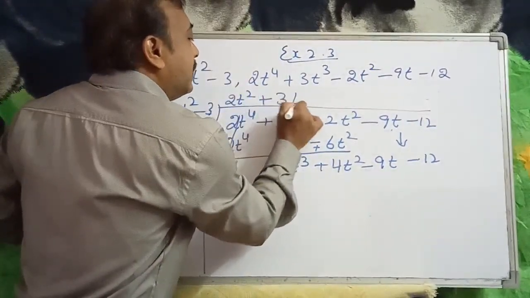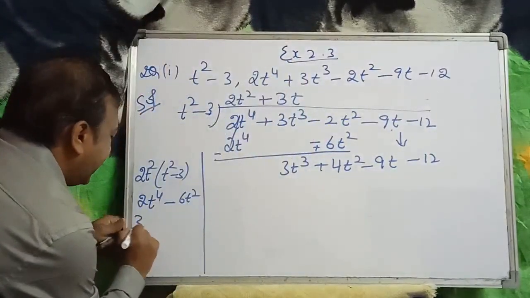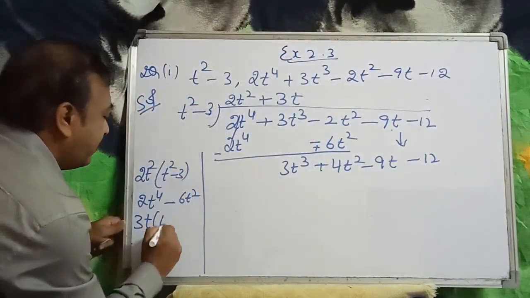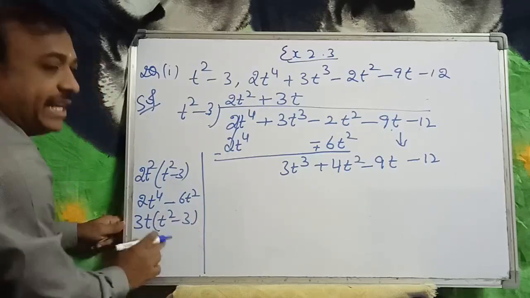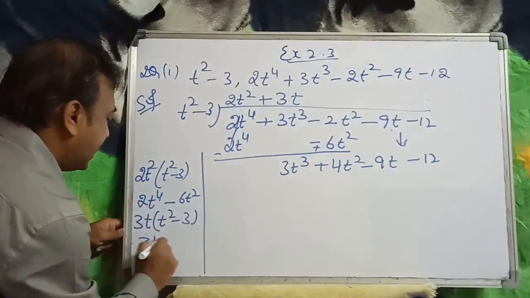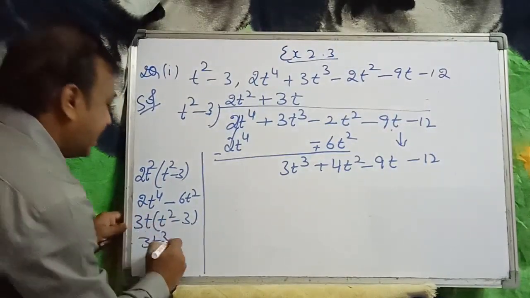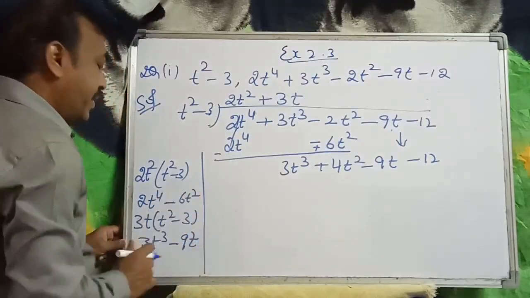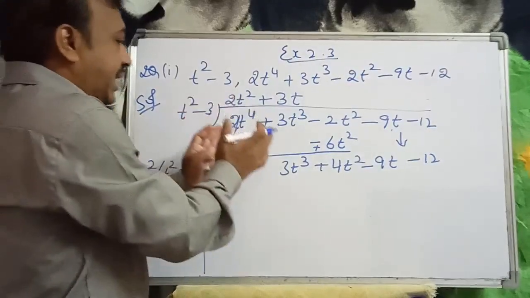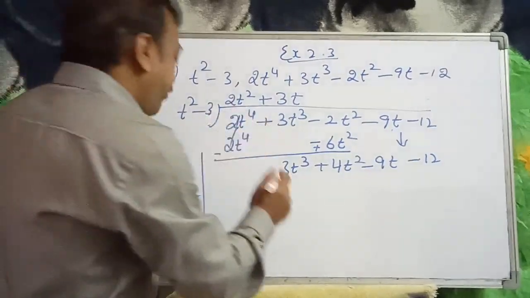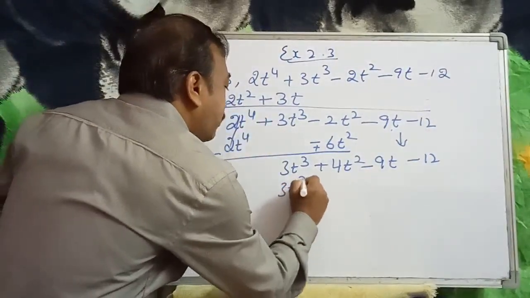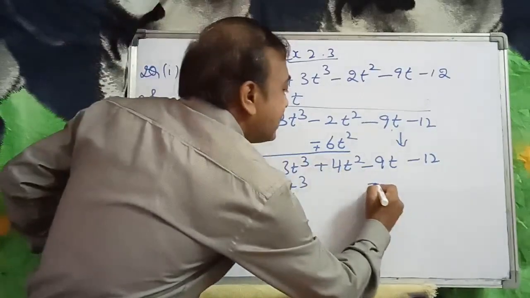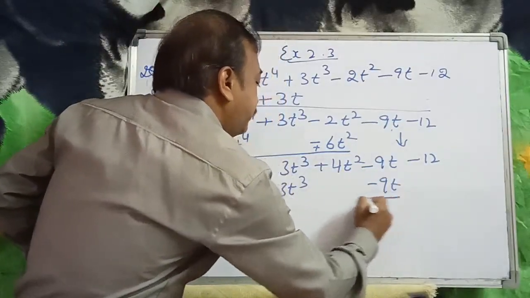So we require 3t. With 3t you are multiplying this divisor. 3t into t square is 3t cube, plus into minus, minus 3 3s are 9t. So under t cube you write t cube, under t you write t. So 3t cube and minus 9t.